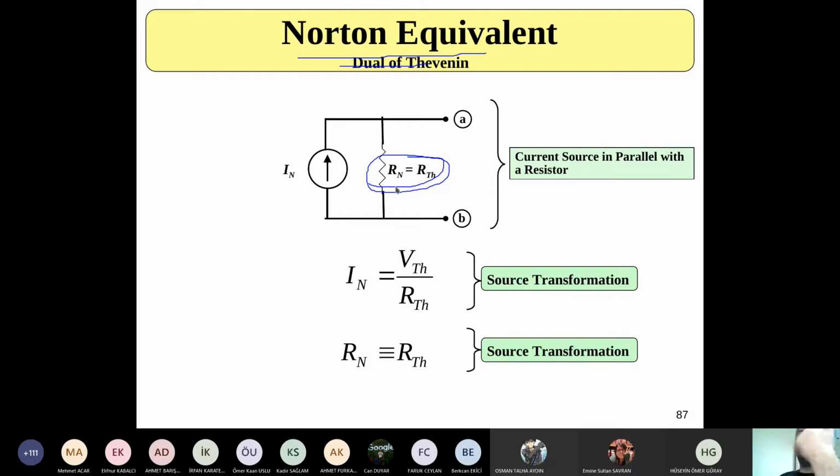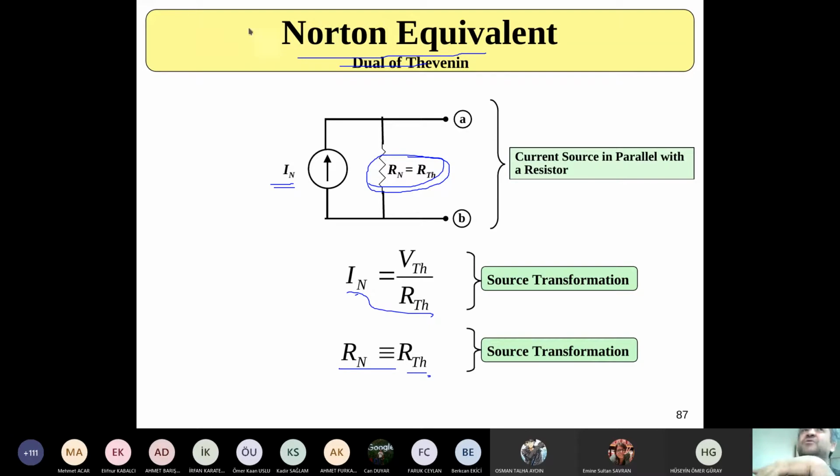So all you have to do is calculate In, which we know from our previous lectures will be VTH divided by the resistive value. Since Rn is equal to R Thevenin, In can be found by VTH divided by RTH.